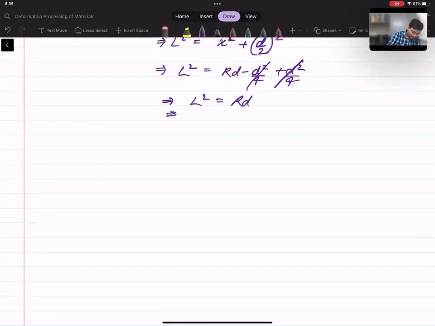Now we have found the projected length. It can be written in a better way as this. So this is the projected length.